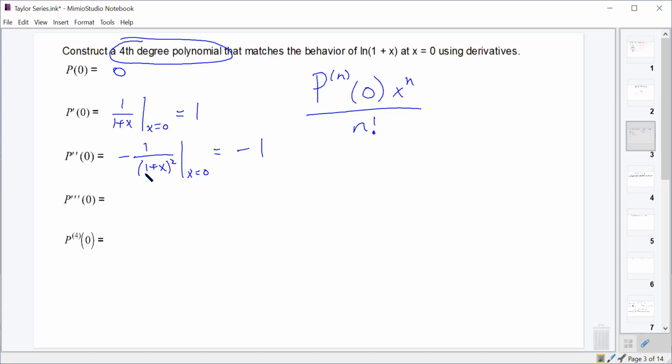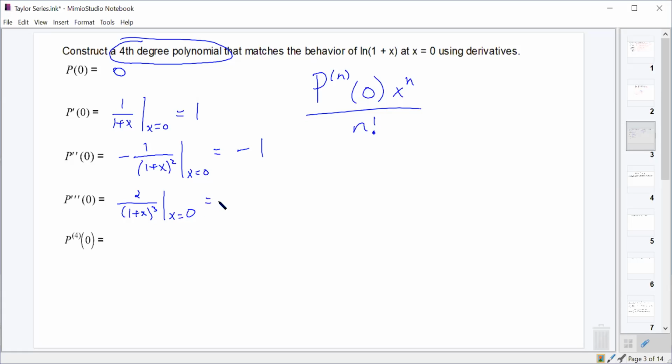And what's the derivative of negative 1 over 1 plus x to the second? Should be the opposite of the derivative of the denominator, which is 2 times 1 plus x over 1 plus x to the fourth, and the 1 plus x's will cancel, so that should be 2 over 1 plus x cubed.